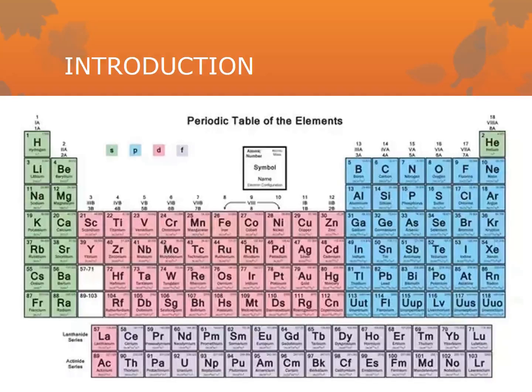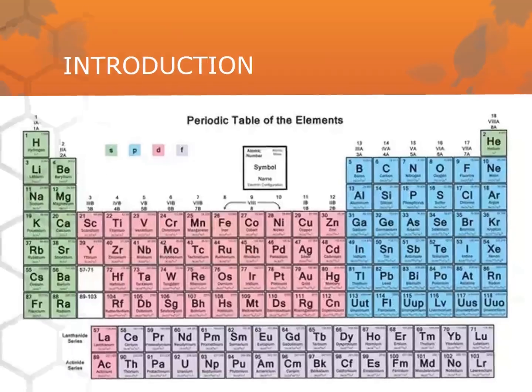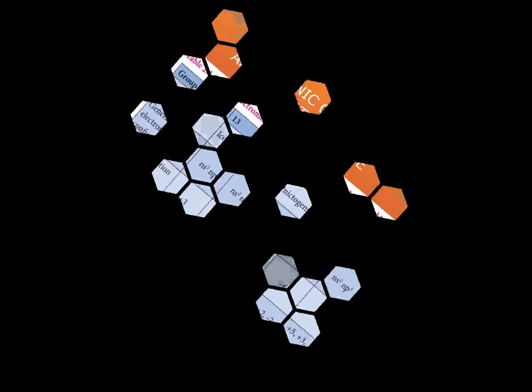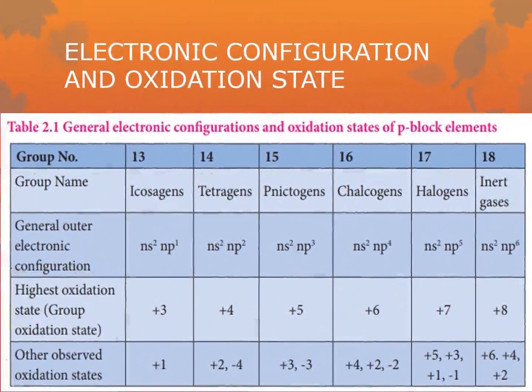This is the periodic table. In this periodic table we are going to see P block elements. Now there are general trends in the properties of P block elements.